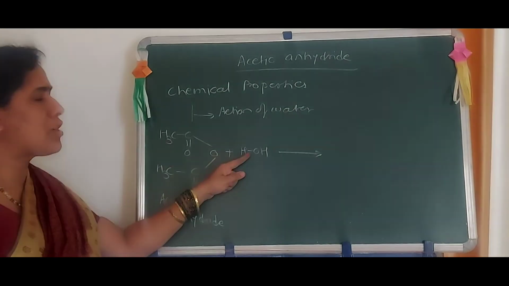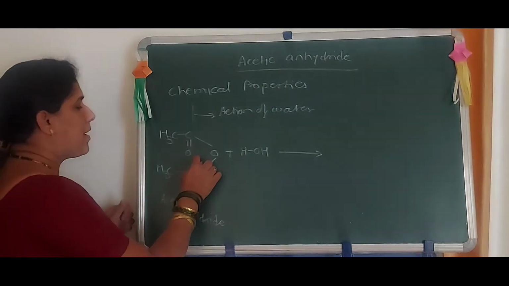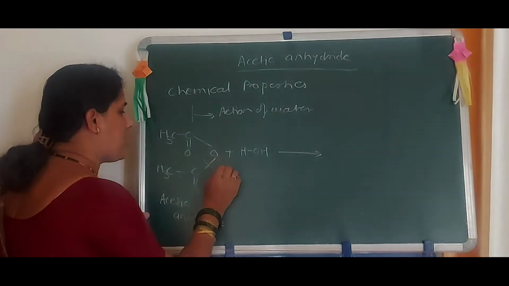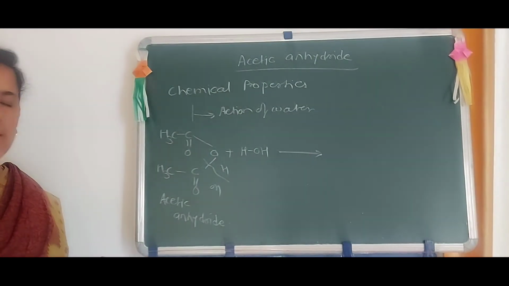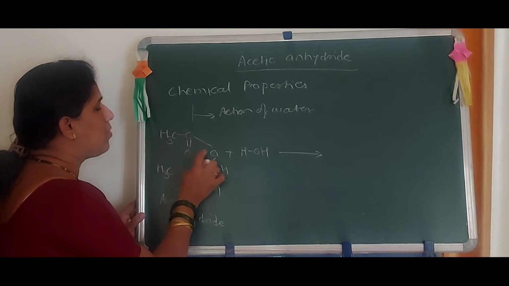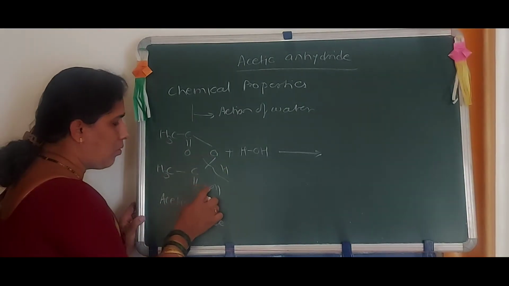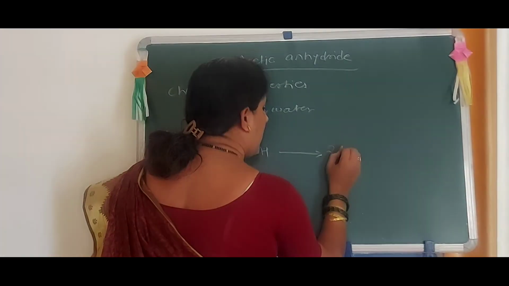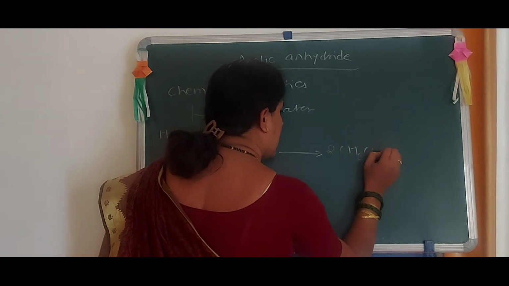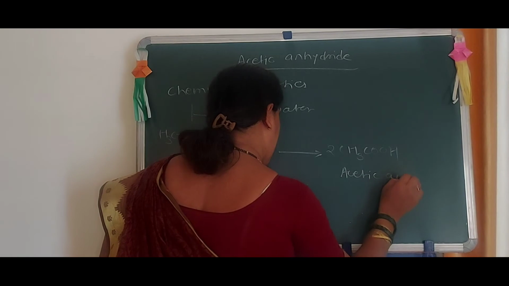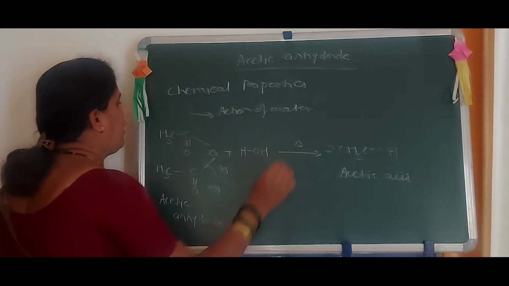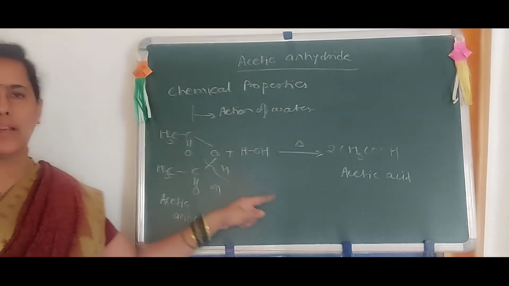Now the water molecule reacts, breaking this bond, H here and OH here. There is formation of which acid? That is acetic acid, CH3COOH. It is two molecules of CH3COOH, acetic acid. On heating, it gives rise to acetic acid.